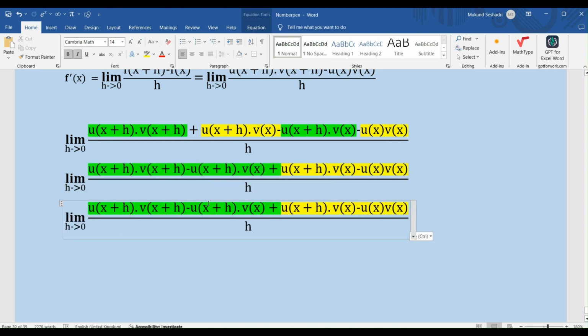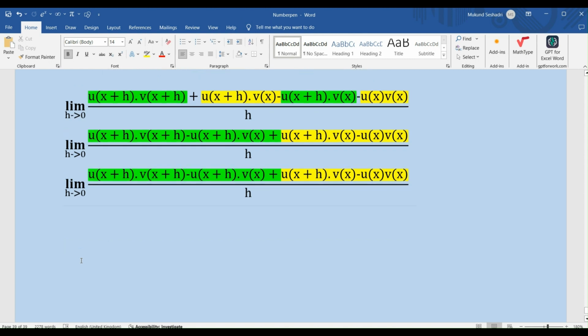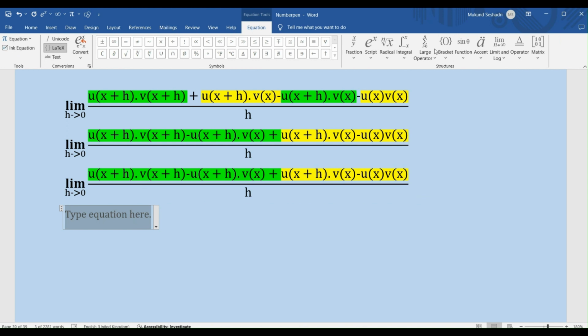So on the green portion, I can pull out my u of x plus h, right? So I'm going to pull out my u of x plus h and rearrange this particular expression, right?